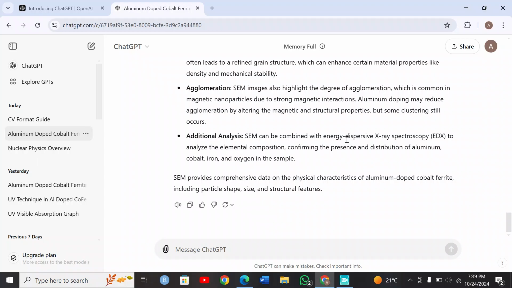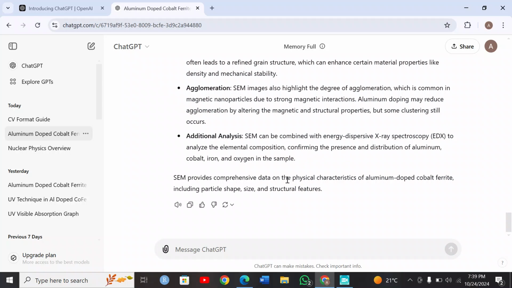Why do we use EDX? EDX is used to confirm the presence of chemical elements, aluminium, cobalt, iron, and oxygen, in the sample. We check the elements aluminium, cobalt, iron, and oxygen in the sample, then we use EDX and compare with SEM analysis.